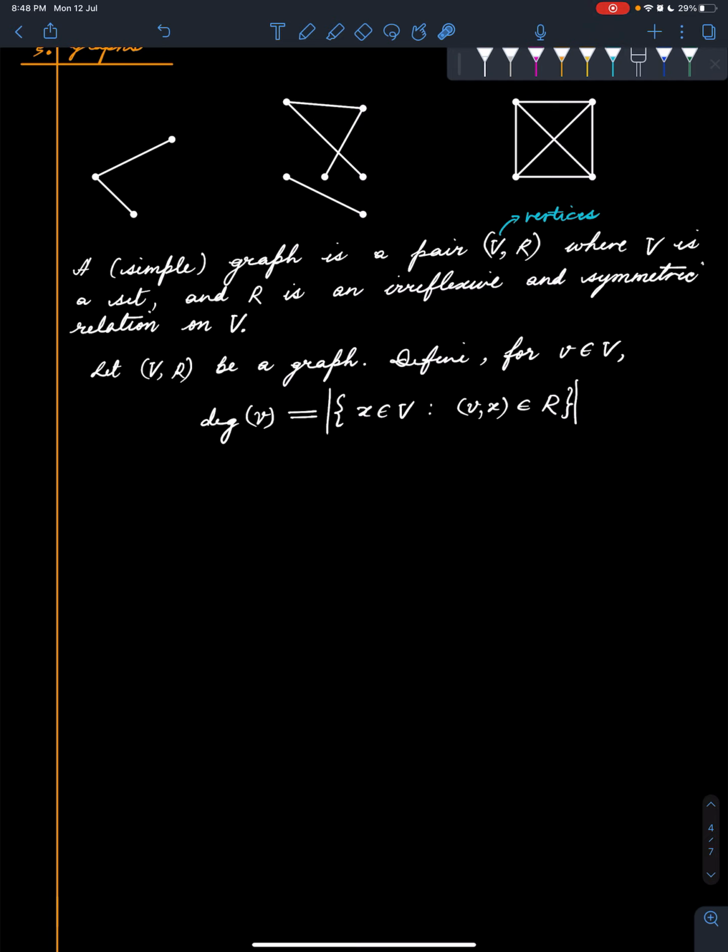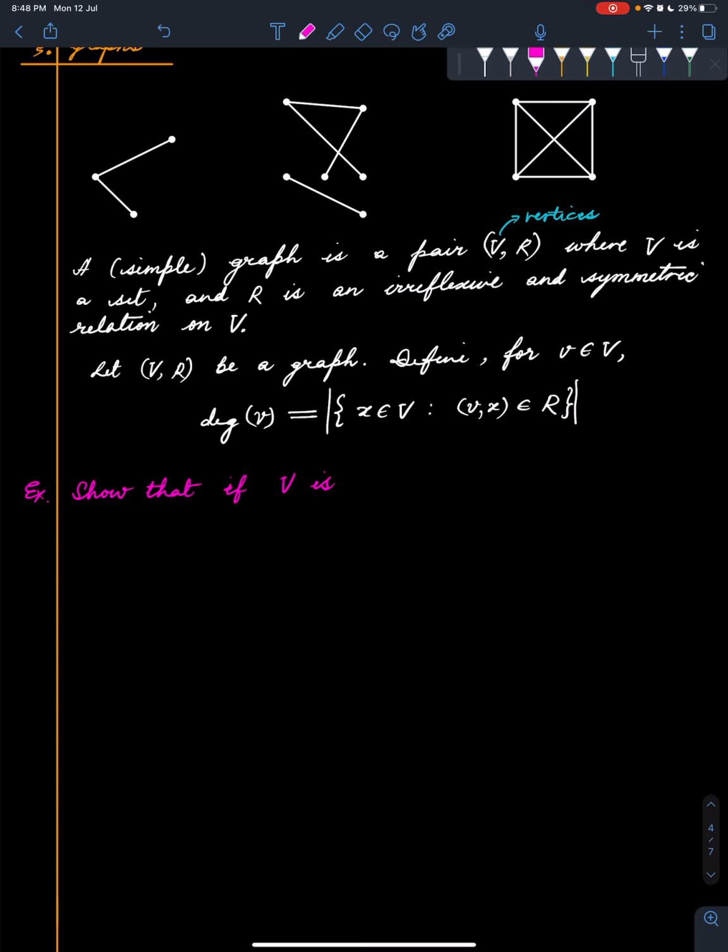Okay, so I'll give you a simpler version of the exercise I had in mind. It's the following. Show that if V is finite. In the definition of a graph, V does not have to be finite.